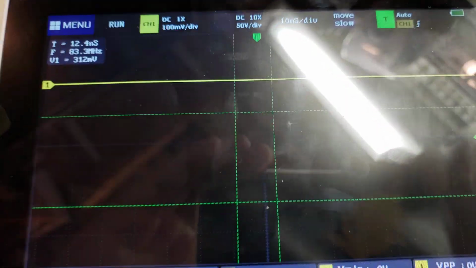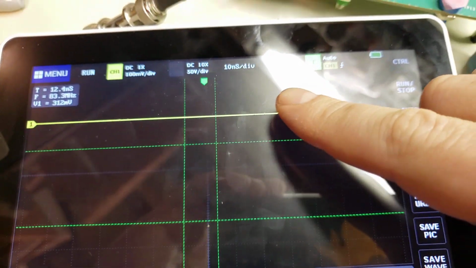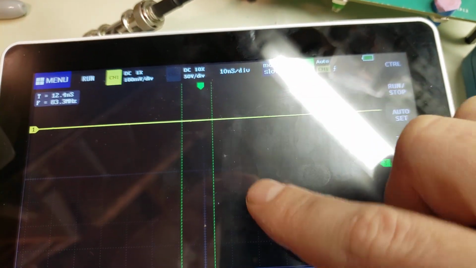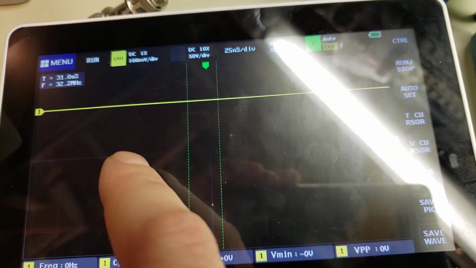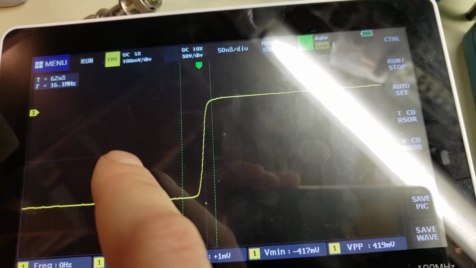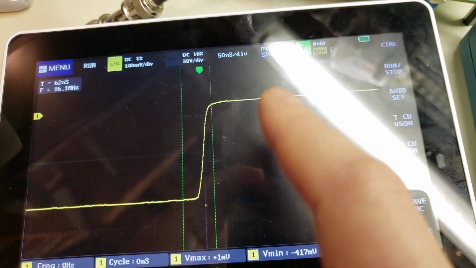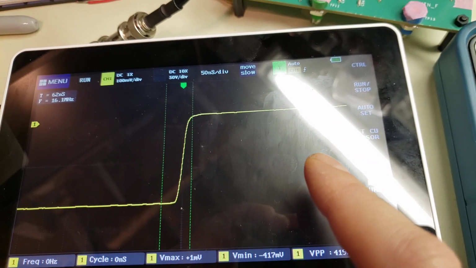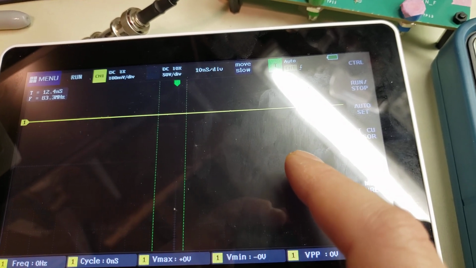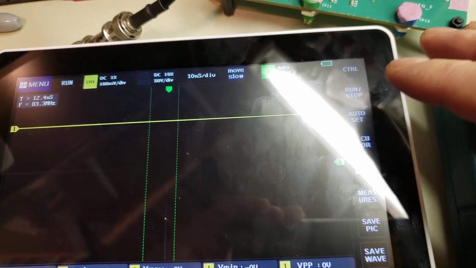First of all, it doesn't always trigger. If I increase the time base to 10 nanoseconds per division, it doesn't trigger well, while at 50 nanoseconds per division it triggers well.